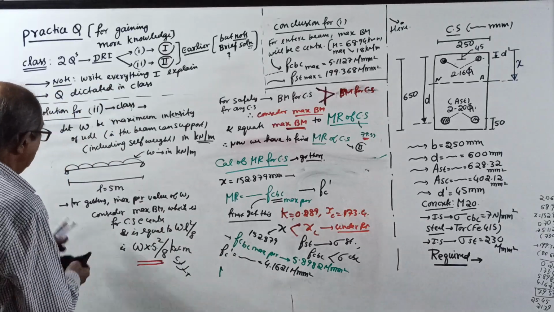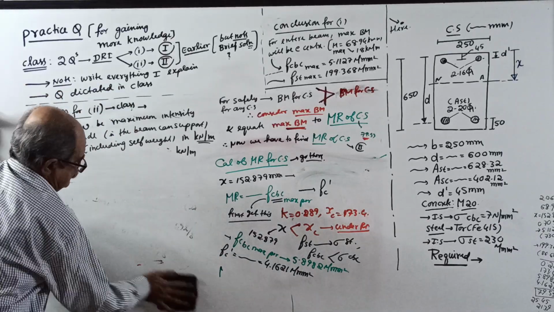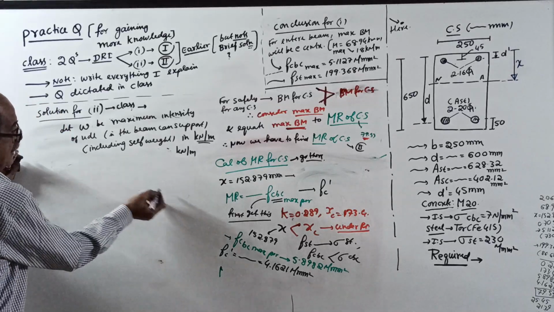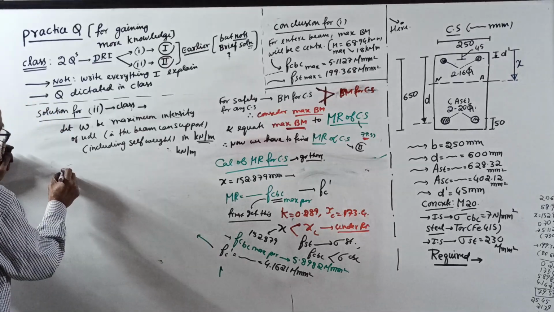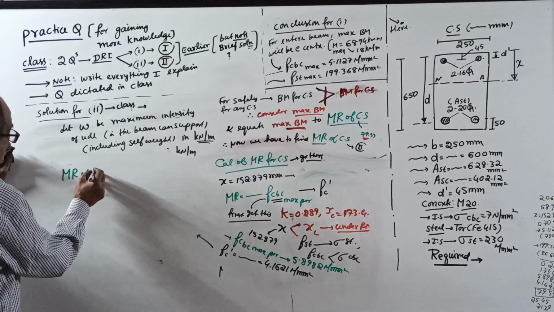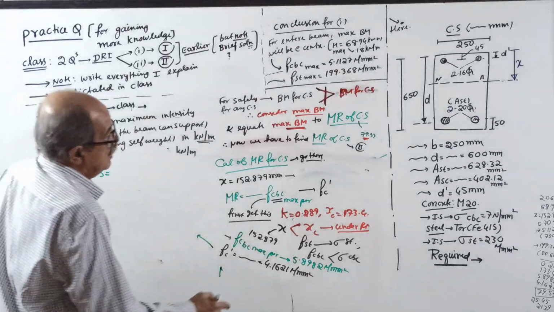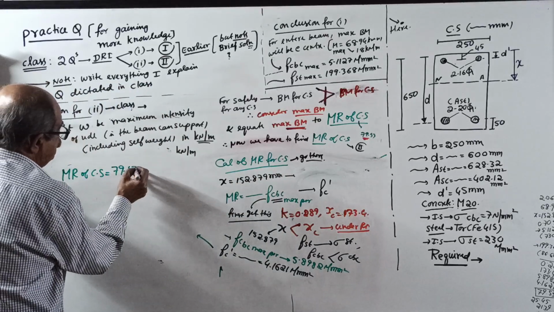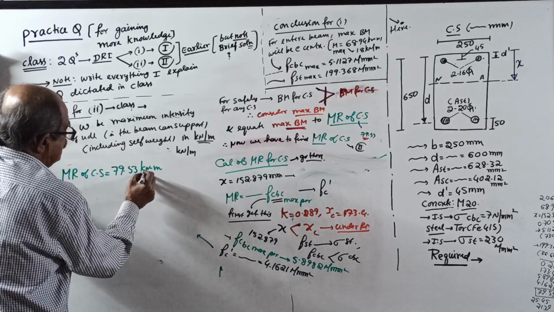With all this data, calculate further the moment of resistance of the cross section. It will come, how much I told? 79.53 kilonewton meter.